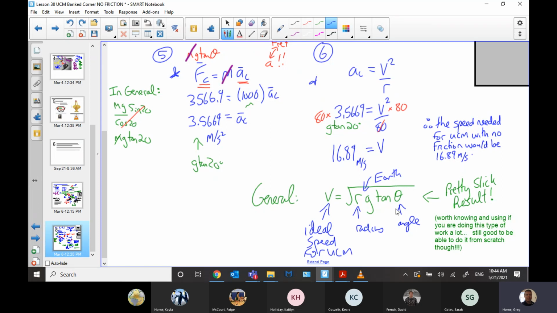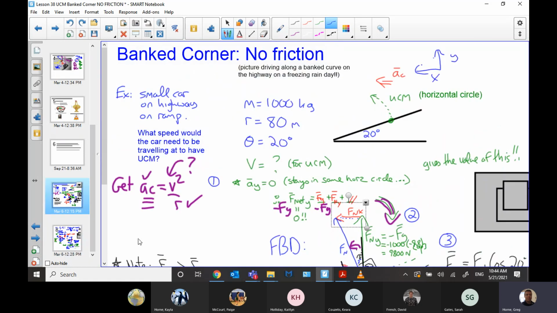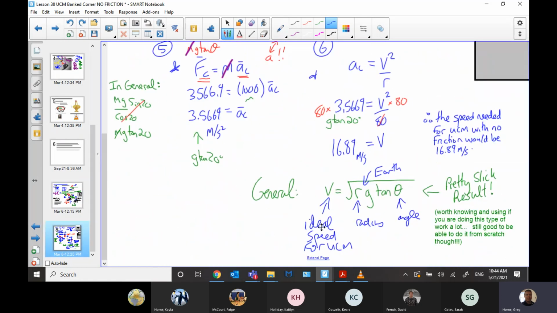But at some point in their training, I'm sure they had to see that the equation was true. Otherwise, you're just taking someone's word for it. But yeah, we could put in the radius of the circle and the angle of the roadway and actually calculate what the ideal speed would be. Or vice versa, you could plug in that I want people to be going the speed limit, which is 80. And I say the radius of the roadway is based on the rock formations in the land.